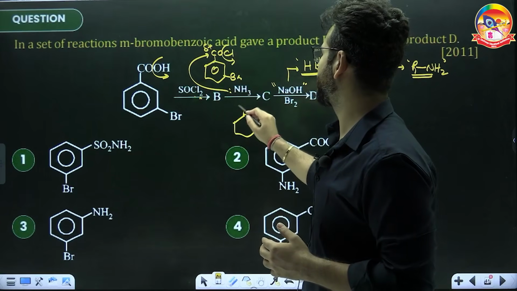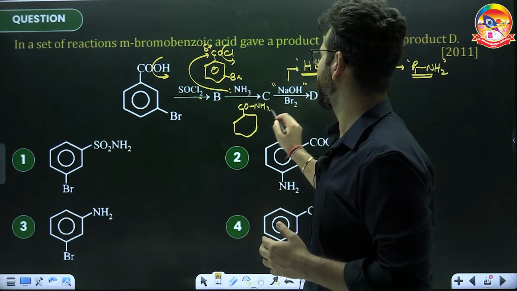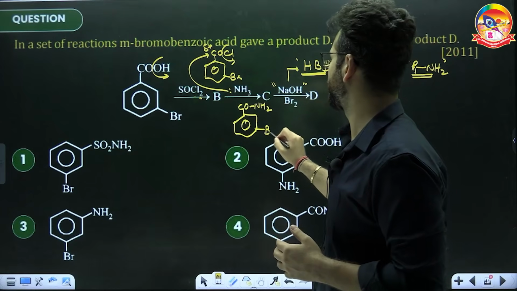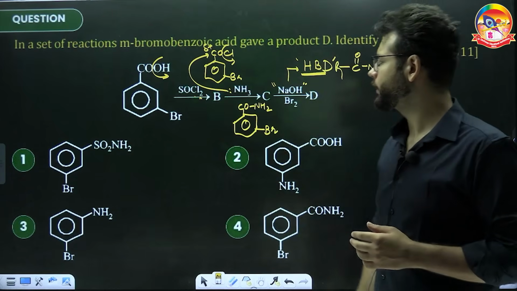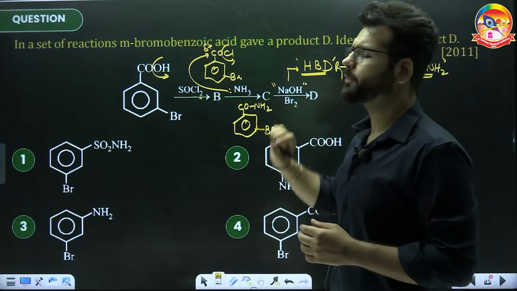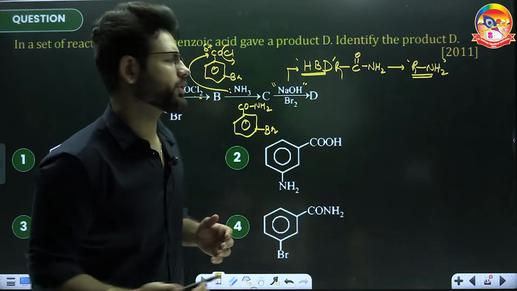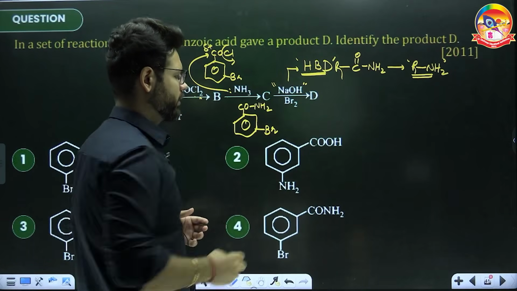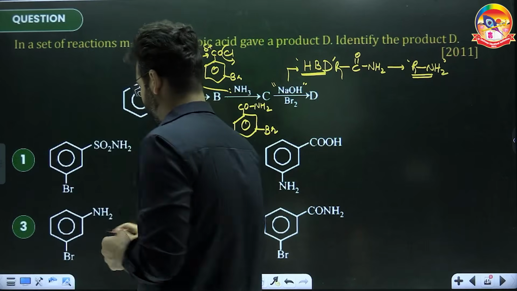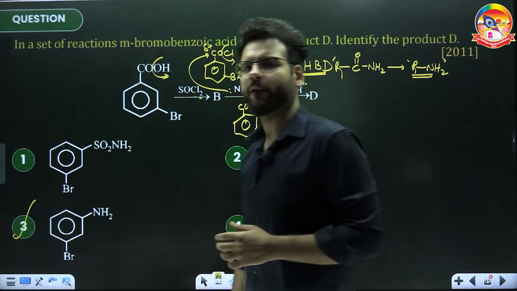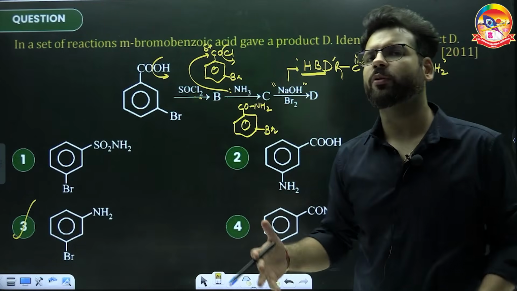Acid halide can be easily converted to amide by reaction with ammonia, right? And then, as I can see, it's a primary amide here. So the last reaction is a Hofmann bromamide degradation. If I just remove a CO from here, I get an NH2 directly attached. So option 3. Okay, very important reaction, Hofmann bromamide degradation reaction.